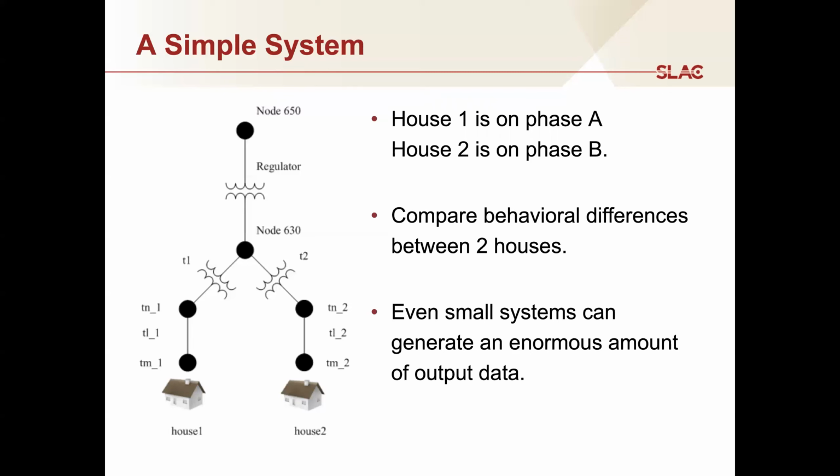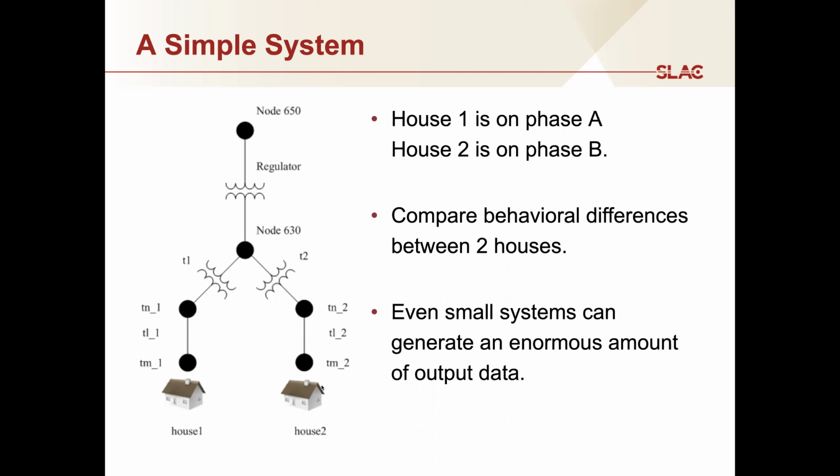So in this example, there's a single head node that in power systems parlance we would call the swing bus. It's essentially the voltage source for the system, and we have a voltage regulator below it right here, and then another node that is host to two service transformers that serve two houses through triplex lines.